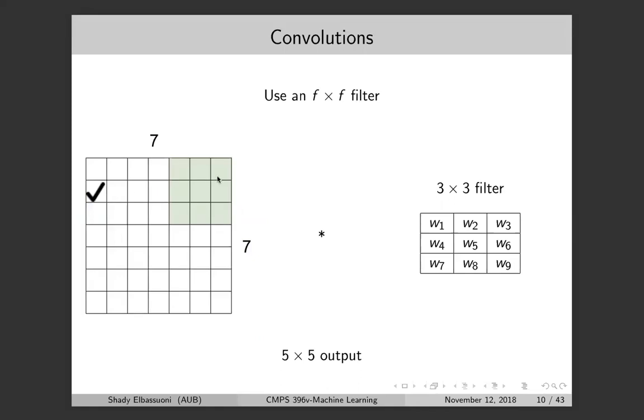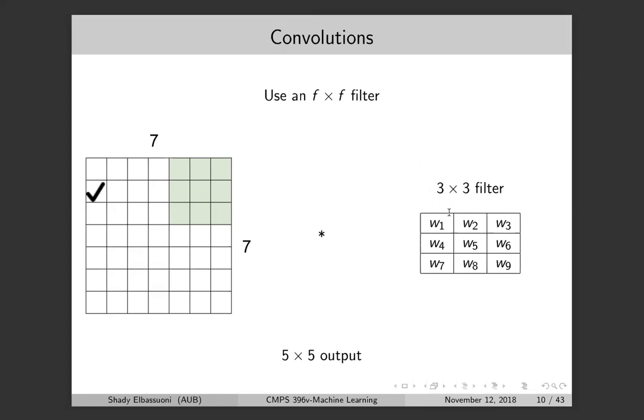I have 5 by 5 outputs, because I have 5 from here. I've done these 5 different convolutions and I got 5 numbers. And if I do this vertically, I get also 5 outputs. So in total, I get 5 by 5 outputs. So I took the image and as if I shrunk it to a 5 by 5 new image. That's what a convolution is.